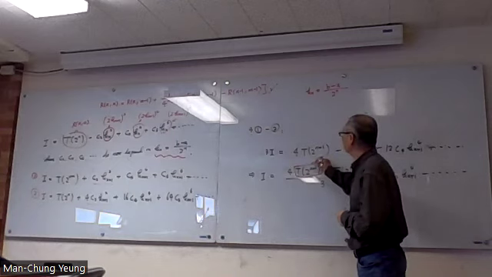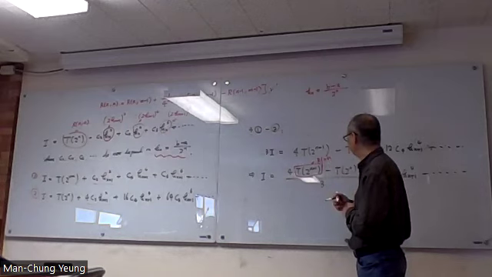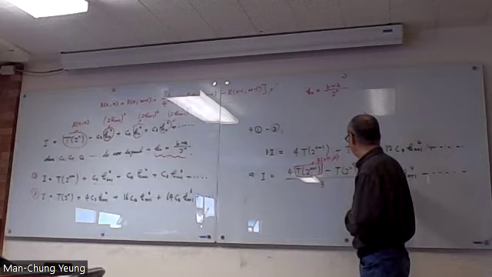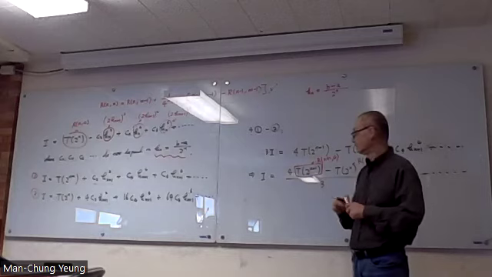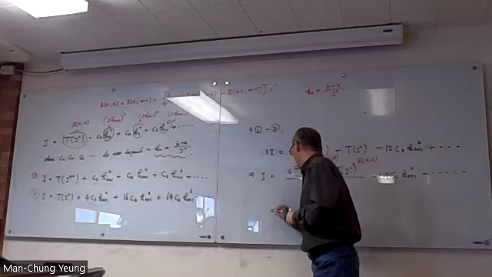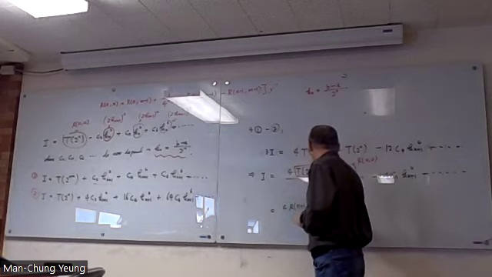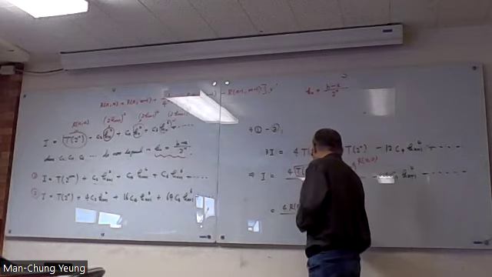Recall the definition: this is R_{n+1,0}, and this is R_{n,0}. So this is (4 R_{n+1,0} minus R_{n,0}) over 3.